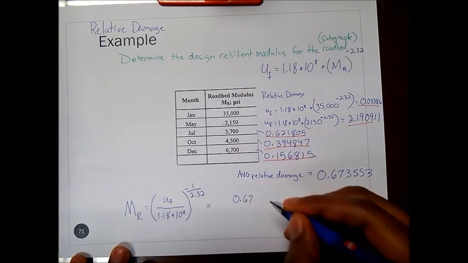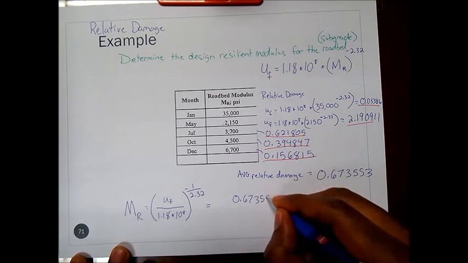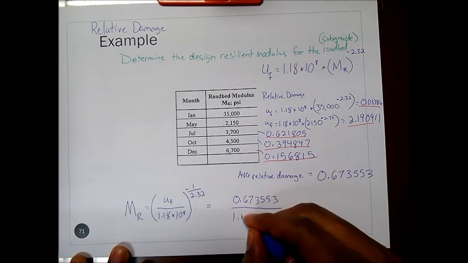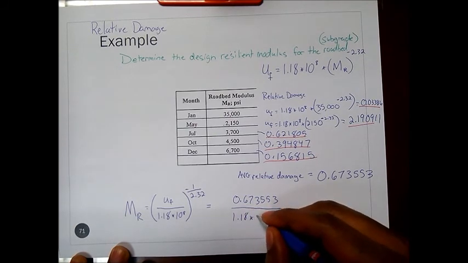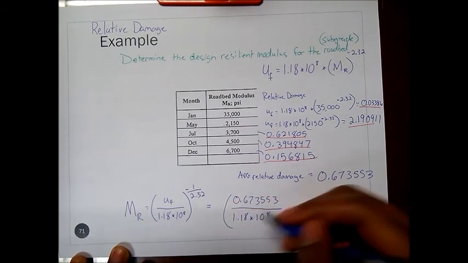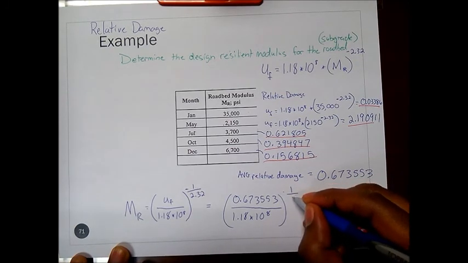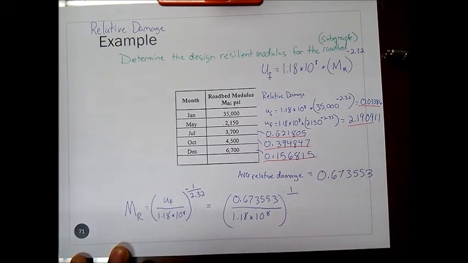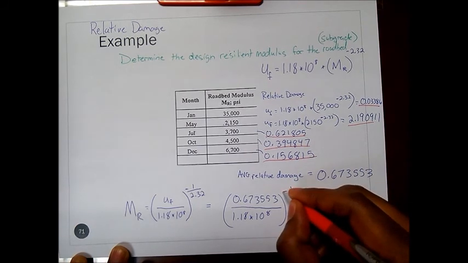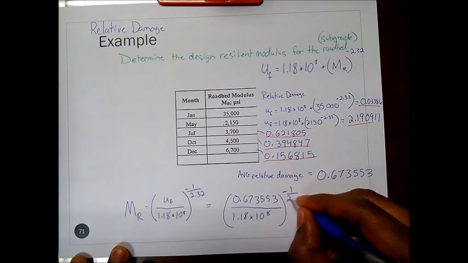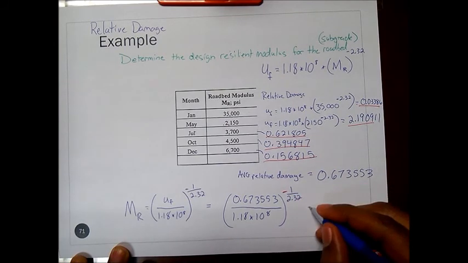So that is 0.673553 divided by 1.18 times 10 to the 8, and I'm raising that to a negative. Just to make sure, I want you to know it's a negative here, 2.32.